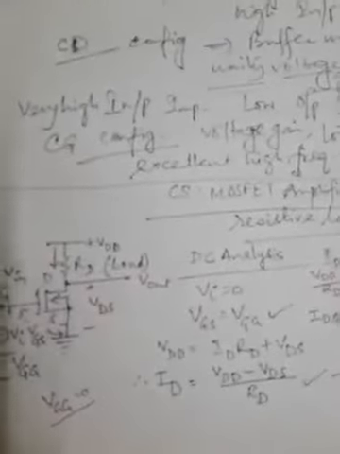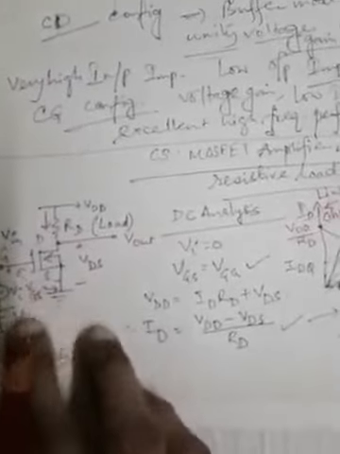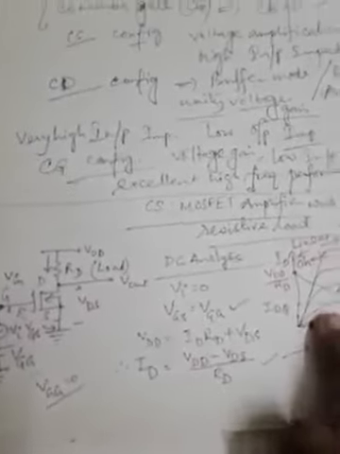At the input side, only this VGG is changing, and that is gradually increasing. First, suppose VGG is at 0. VGG equal to 0 we have considered. So let us see what will happen. If VGG is 0, that means there is no voltage between gate and source, because we are doing the DC analysis. VI is not applied still now. We have only found the DC load line, and the DC load line will be giving us the Q point or the quiescent point.